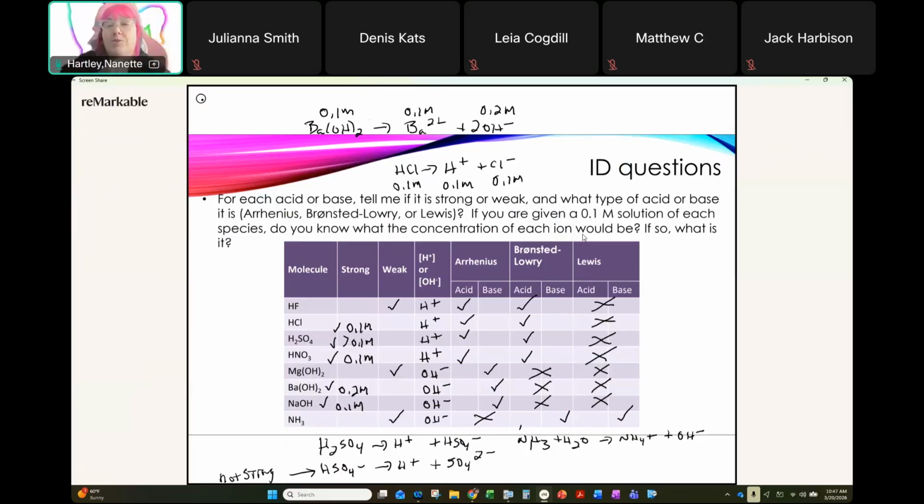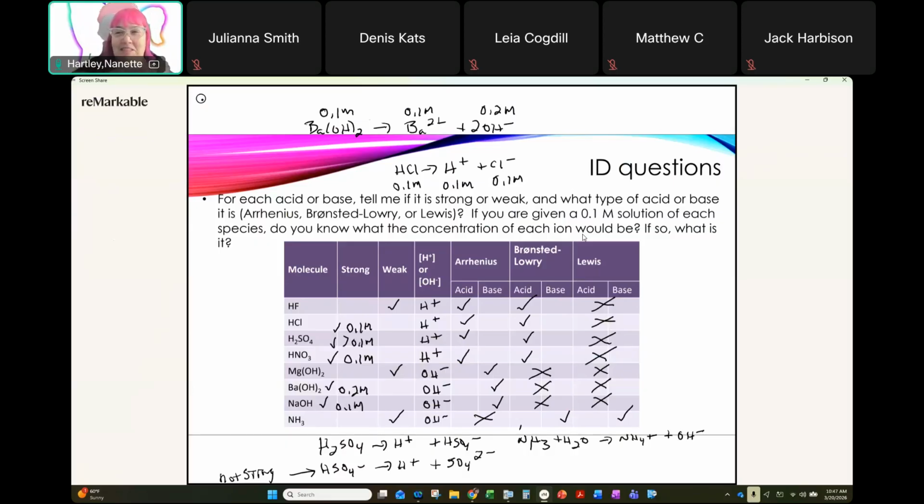That's the kind of thing I want you to be able to think about: looking at the reaction, how is it behaving? Does it fit the definition as it's been given? You have to remember what those definitions are, because they could be really confusing. The acids seem really easy to me, because it's always proton donation.